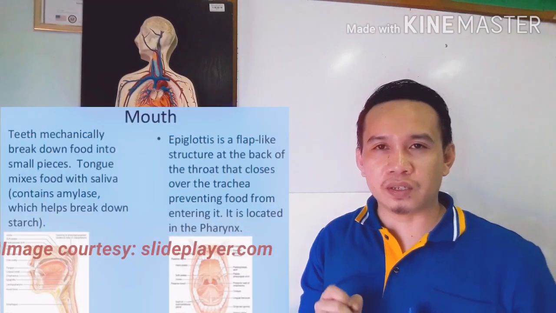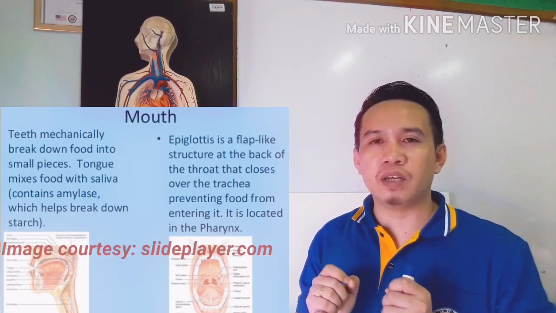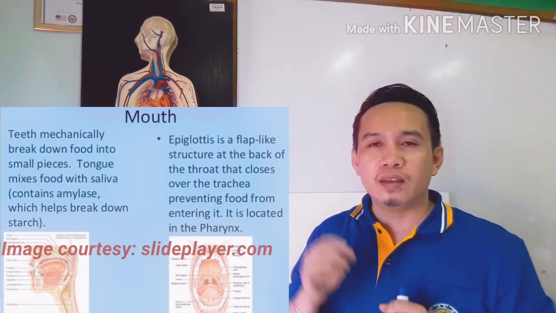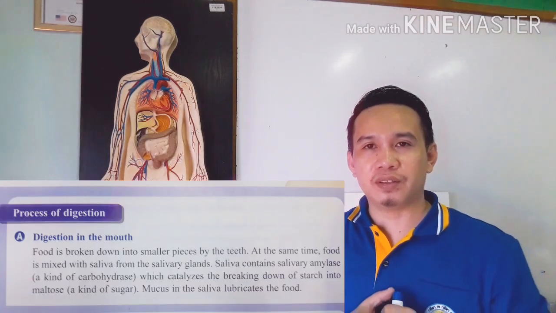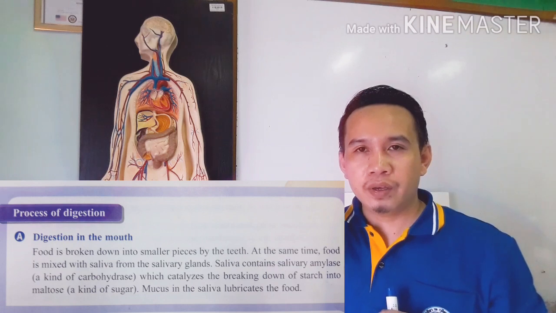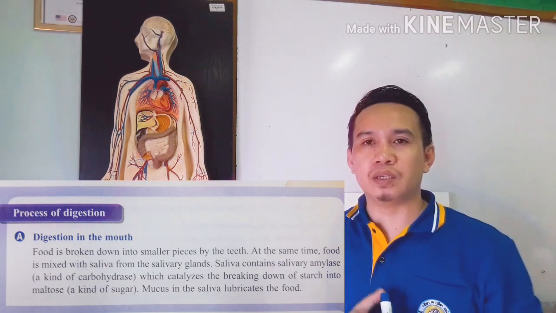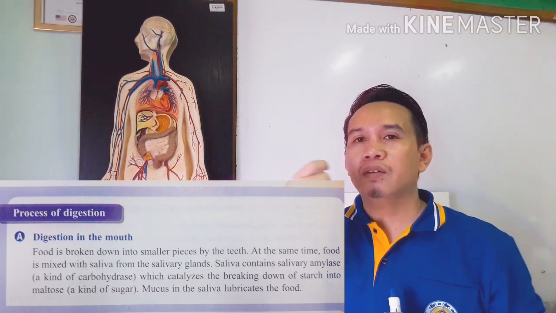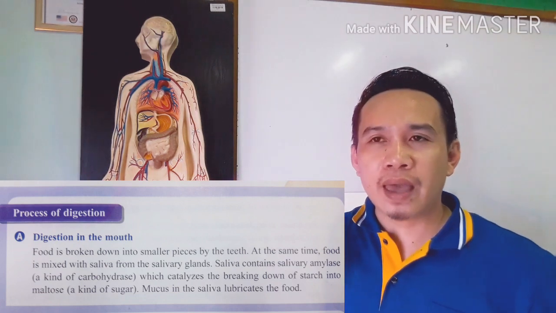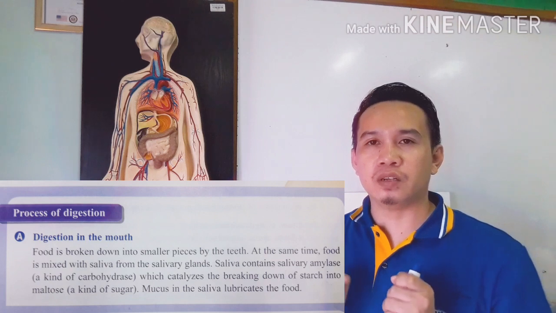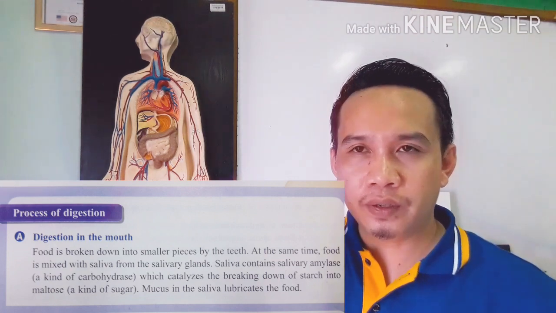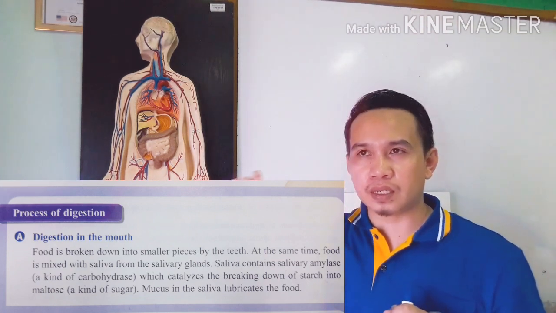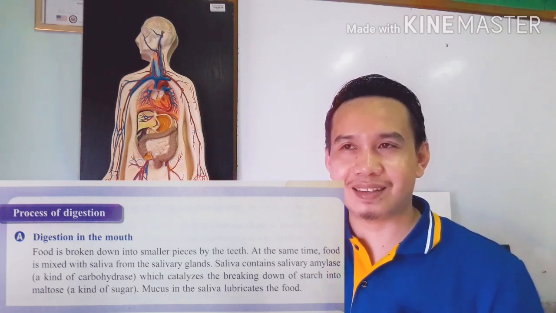The first process that takes place during digestion is what we call digestion in our mouth. Let us remember that the mouth is a very important accessory, and that is our main entry in which food takes place. What happens during digestion in the mouth? Food is broken down into smaller pieces by our teeth, right?